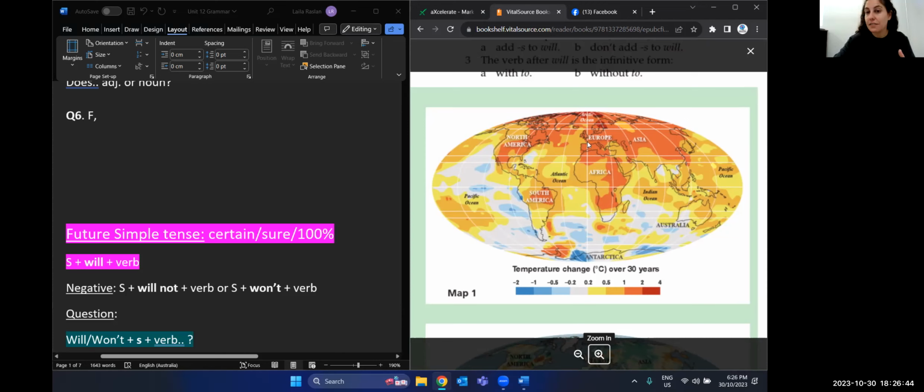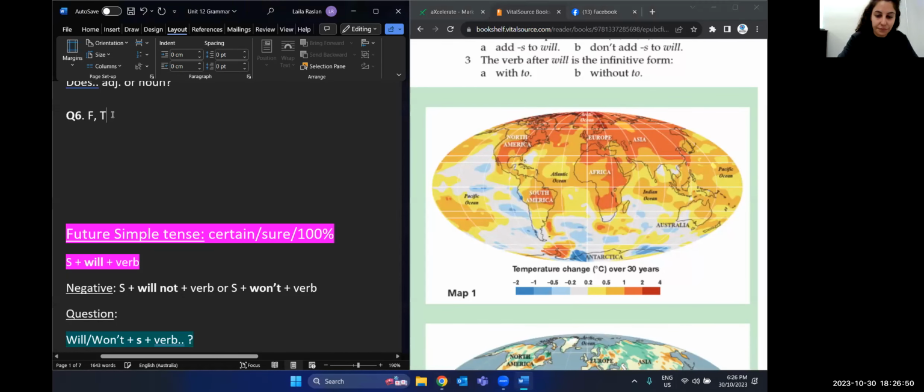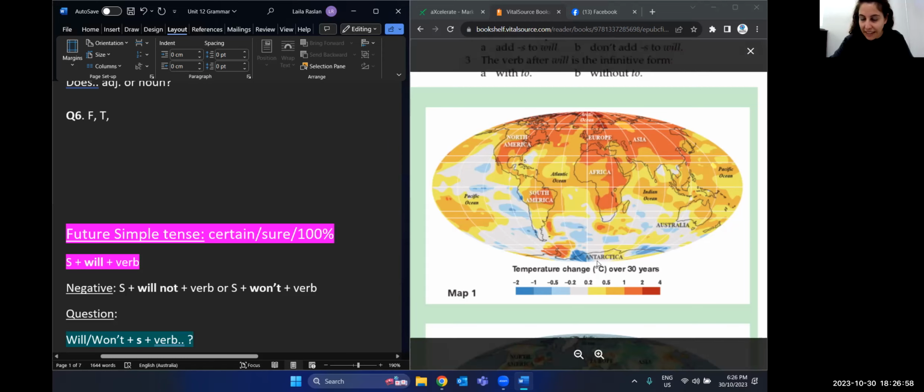Yeah, because I can see from the colors, it's got this orange, yellow. Yeah, that's true. The temperature in some parts of Antarctica has decreased by 2 degrees. If I look at Antarctica on the bottom, decreased by 2 degrees. Yeah, look at the color. Blue. True.